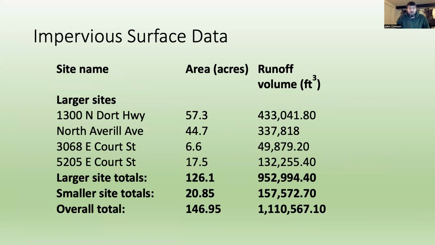In terms of our data from our impervious surface study, that initial GIS work that we did at the start, looking at the acreage of our large sites, this runoff volume was calculated using what the National Oceanic and Atmospheric Administration, NOAA, projects a 2-year storm would look like, which is a rain event where we get about 2.3 inches of rain in a 24-hour period.